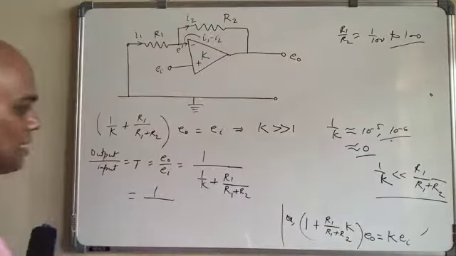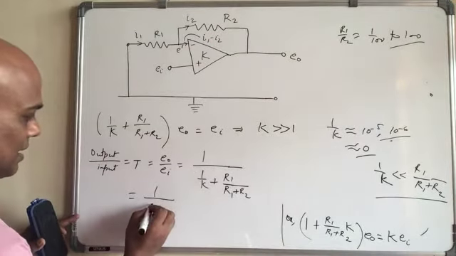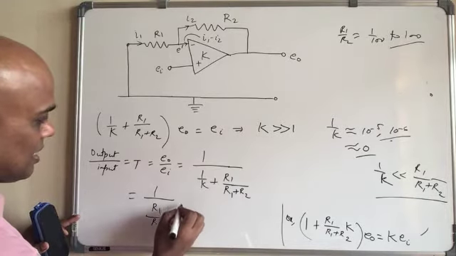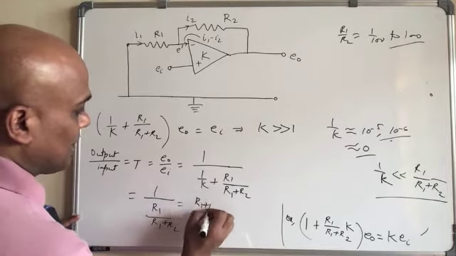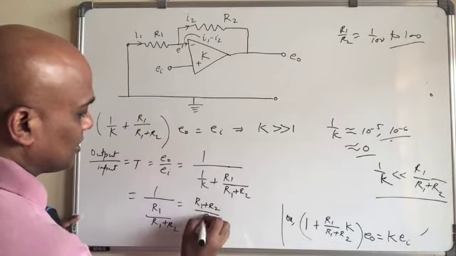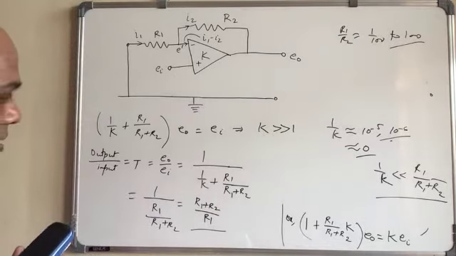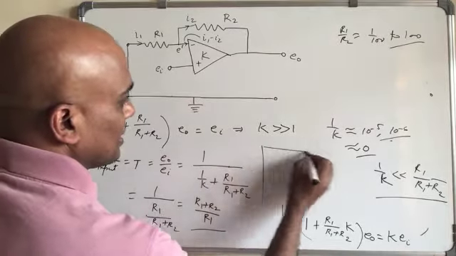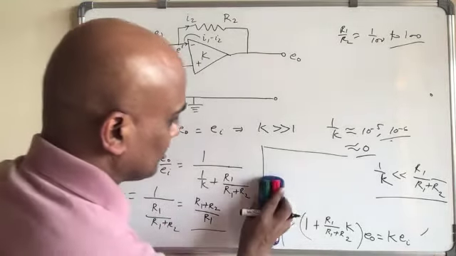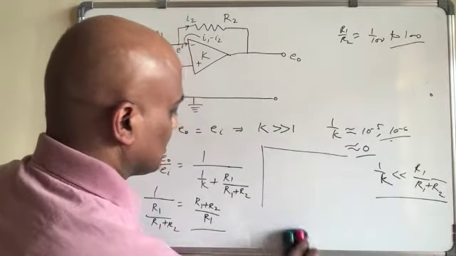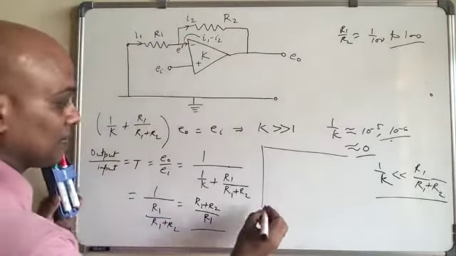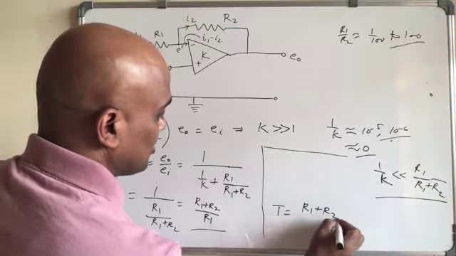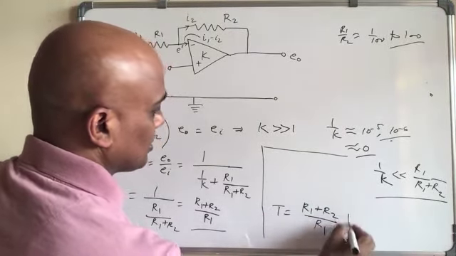That's what I mean. Hence we can write it equal to 1 over R1 over R1 plus R2, and that makes it R1 plus R2 divided by R1 simply. Or T in this case simply, T equals R1 plus R2 divided by R1.